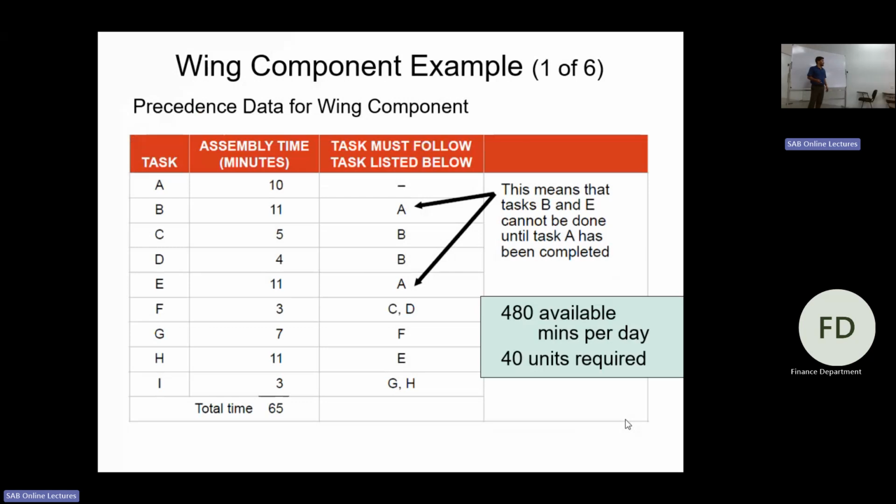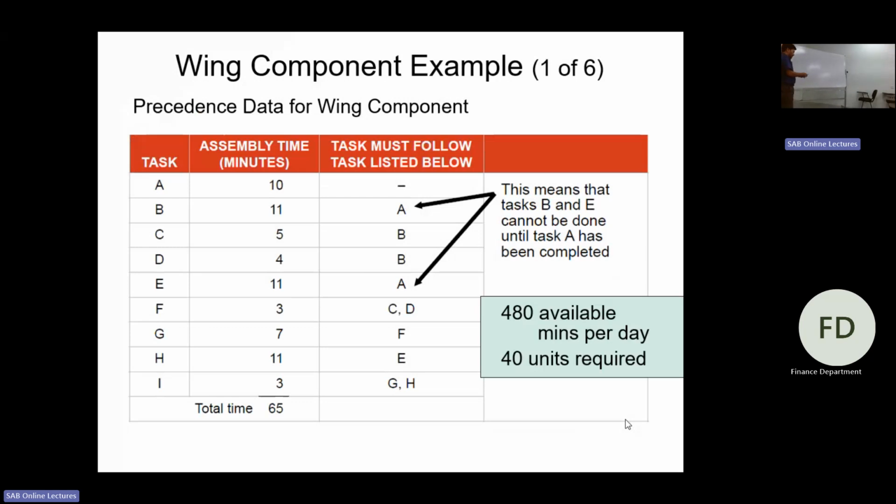65 minutes. And this column shows you the precedence required. So in sequential manner, these tasks should be completed. And accordingly, we need to prepare something called a precedence diagram that we did the other day. Right? So can you quickly refer to that diagram?